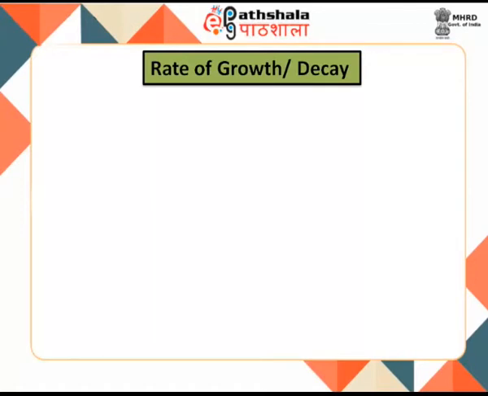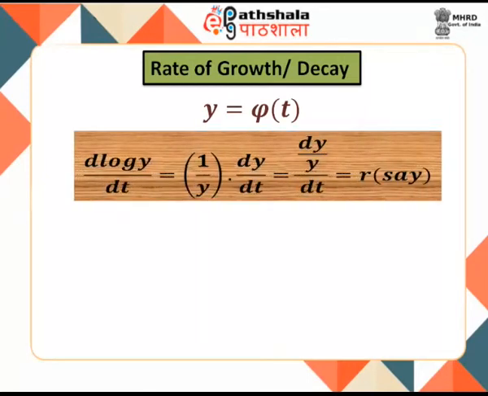Let y be a function of time, that is, y equal to phi of t. We can write d log y by dt equal to 1 by y into dy by dt equal to dy by y by dt equal to r, say.